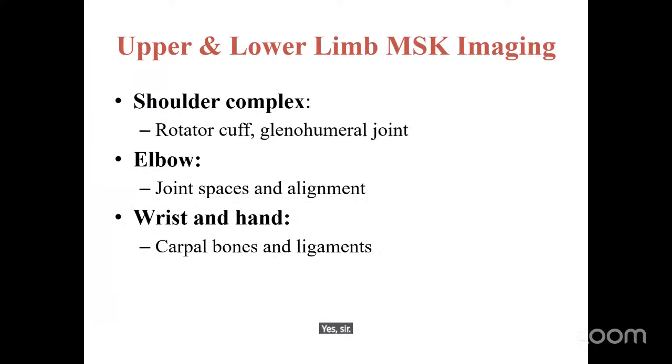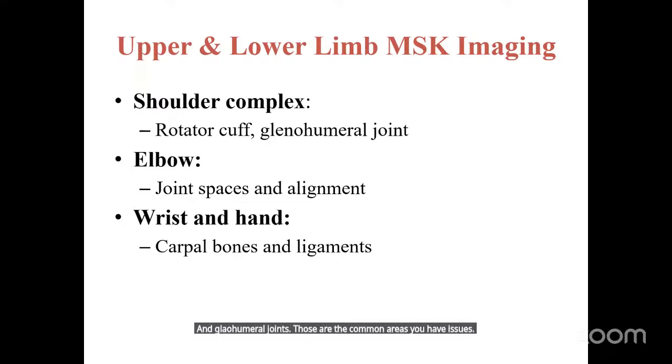We continue with just a general overview. We'll see the images later. For the upper and lower limb, we'll see rotator cuff and glenohumeral joints. Those are the common areas where you have issues.